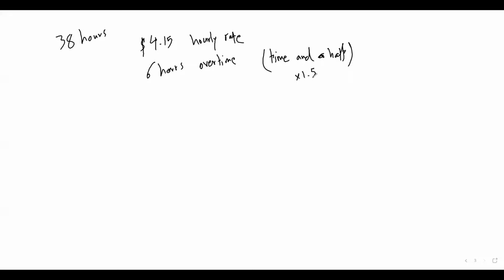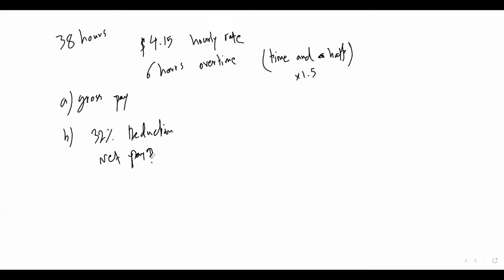So they're asking, what is the total gross pay? So that would be the gross pay. And what is the net pay if we have 32% deduction? So after this, what is the net pay basically?